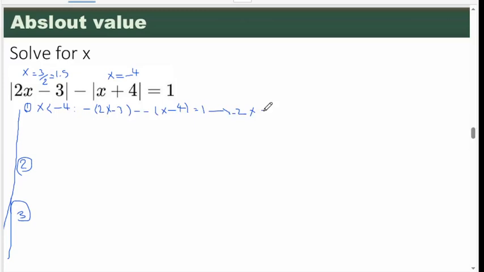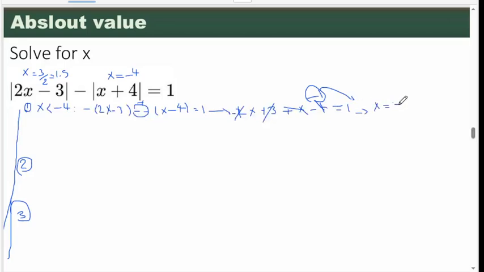And negative negative here gives me positive, so the second parenthesis would be plus x minus 4 equals 1. This x and this 1 gives me negative x, and 3 and negative 4 gives me negative 1. I bring negative 1 to the right side, so it would be negative x equals 2, so x equals negative 2.